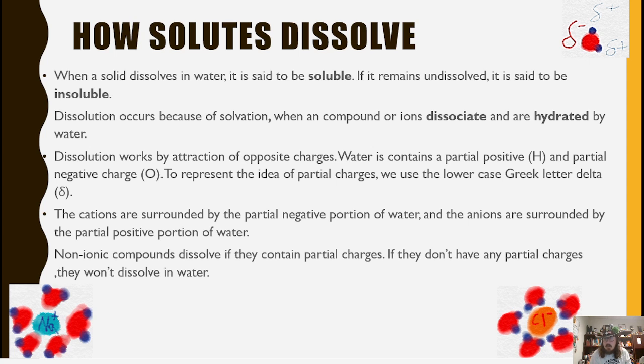And even though a truly cation-anion interaction is stronger than this partial charge, the fact of the matter is there's enough water that it can surround and remove. It can screen other molecules from each other, so that it's going to block them out and you won't be able to see them.